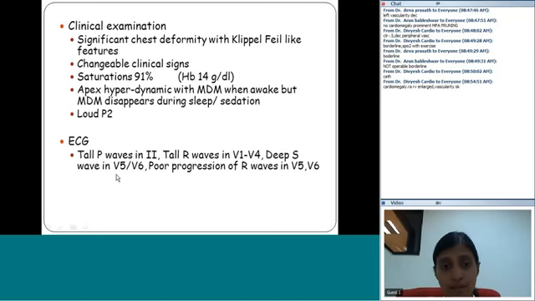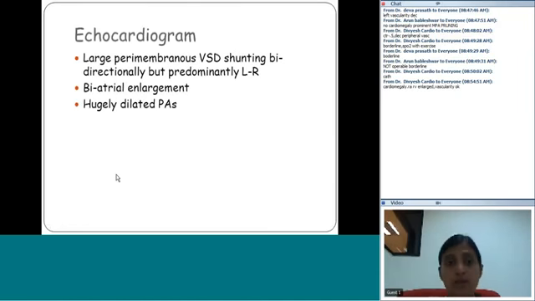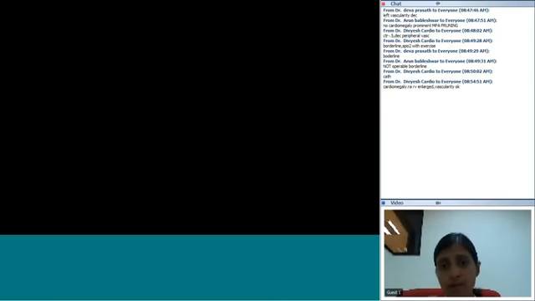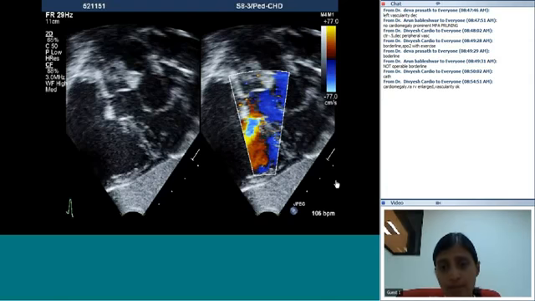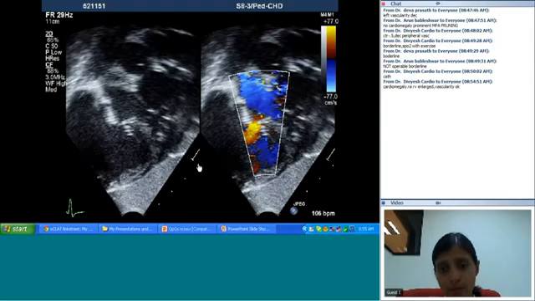So the echo, just try and see if it works. So you can see here that there is a VSD with bidirectional flow. Okay, sorry, the scale setting and the gain setting is a bit poor. Let me try and move this on to the next slide.